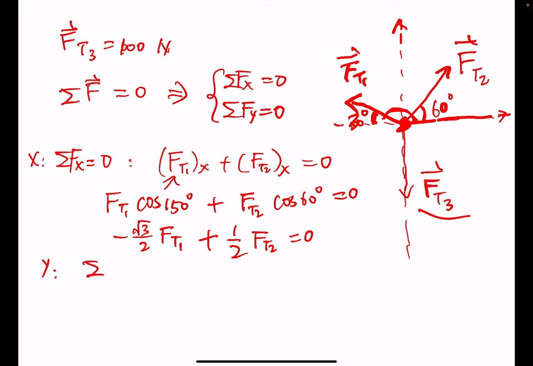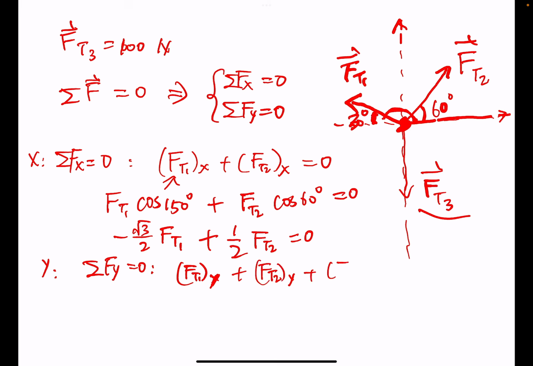The net force adds up to 0. In the y direction, all three forces have a y component. But as we discussed, what's the angle of Ft1? What's the angle of Ft2?